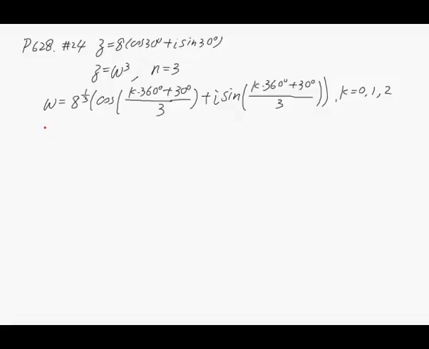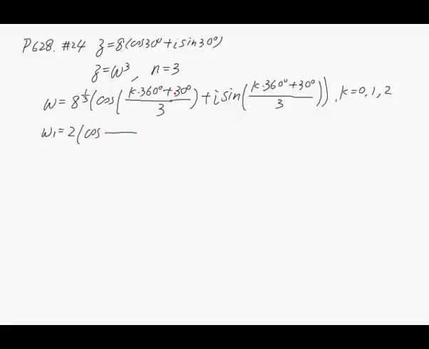So now let's look at the first cube root, w1. That is the root when k is equal to 0. So you have the cube root of 8, that is equal to 2, and times cosine.